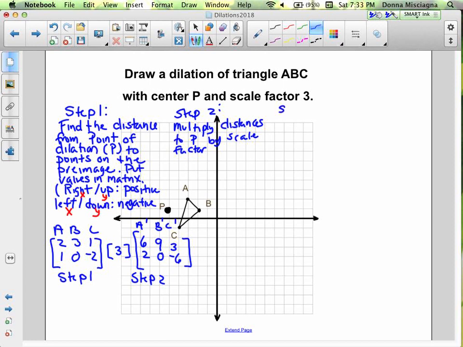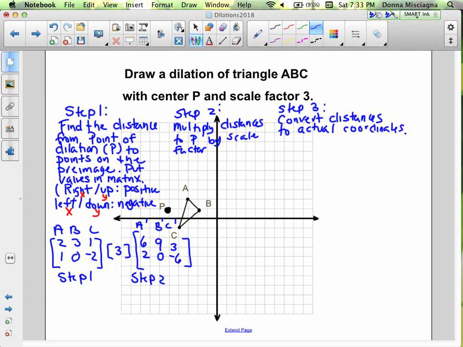Step 3, you have to convert the distances to actual coordinates. And it's super easy.